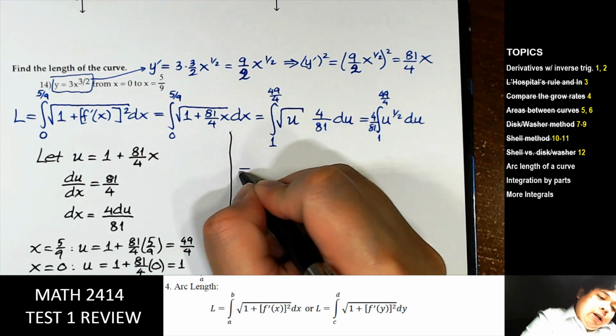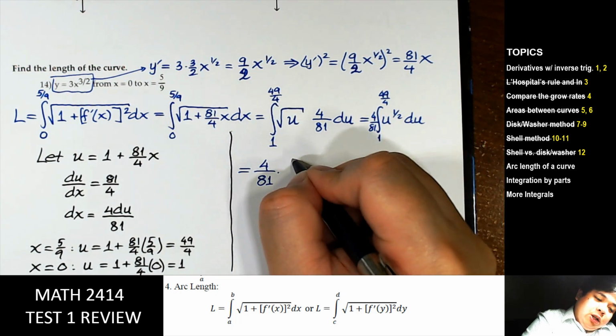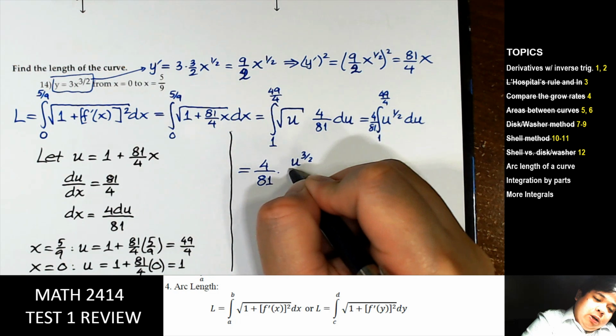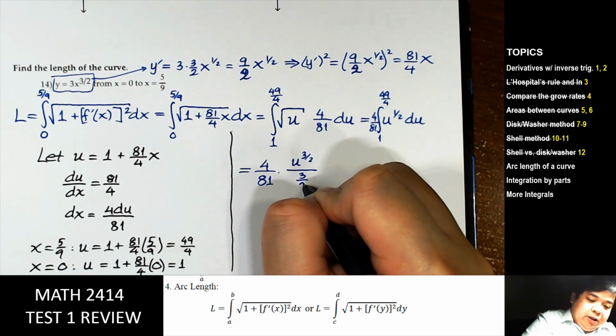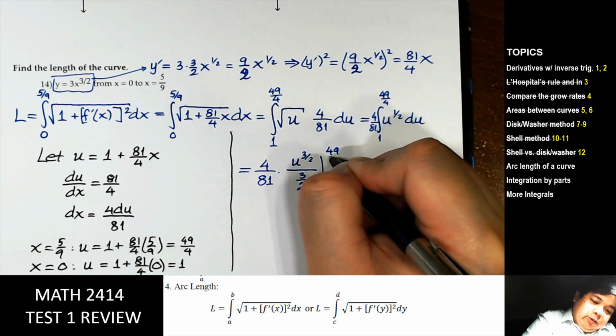Right. So we have 4 over 81. The integral of this is u to the 3/2 over 3/2, going from 1 to 49 over 4.